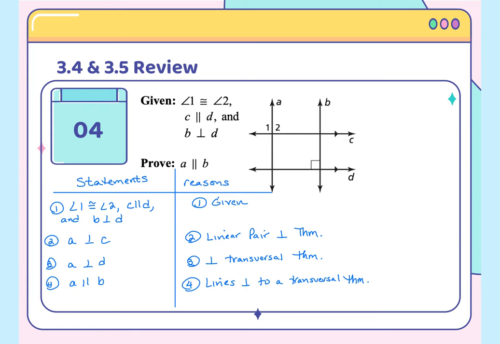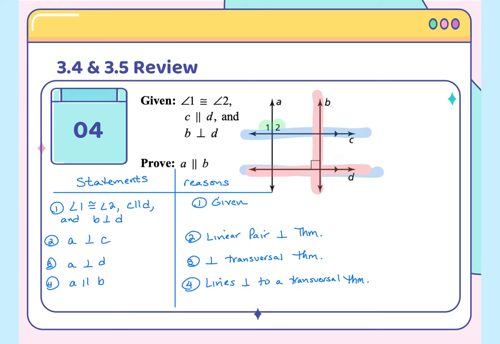All right, 4 was your proof, and this can be done a couple of different ways. This is probably the shortest, but it is given to you that angle 1 and angle 2 are congruent. It is given to you that C is parallel to D, and it is given to you that B is perpendicular to D. So all of that can be said in one statement.